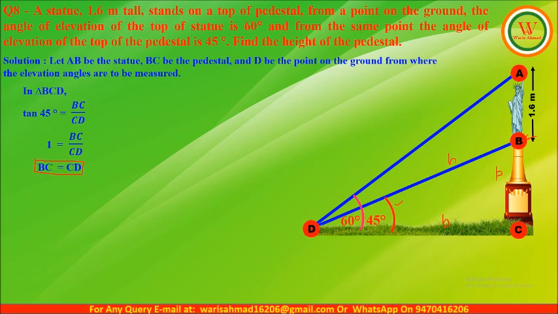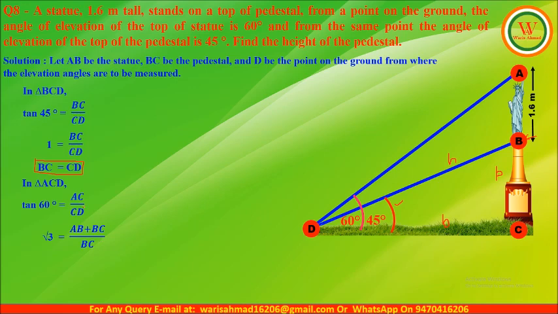Tan 60 degree equals perpendicular upon base, means AC upon CD. On the place of tan 60 degree we can write root 3, and on the place of AC we can write AB plus BC.